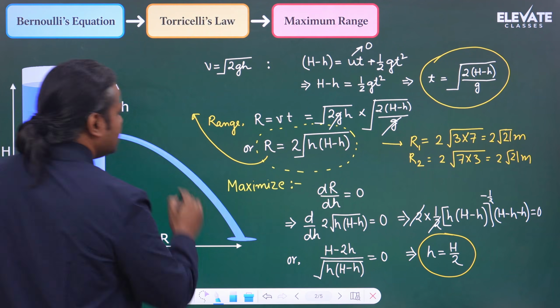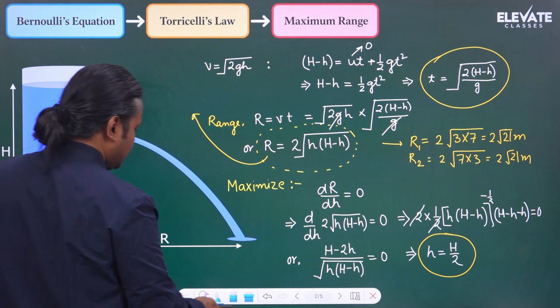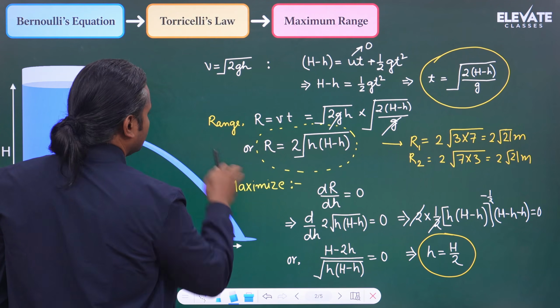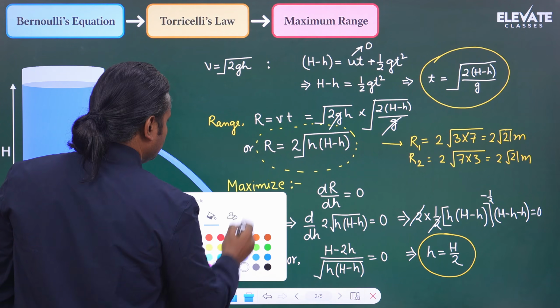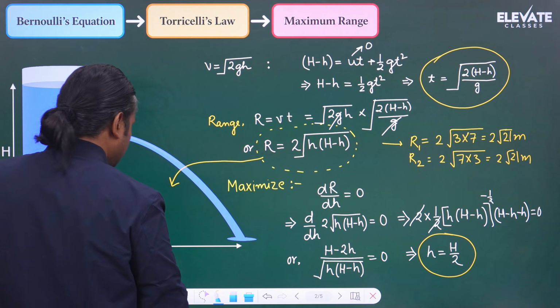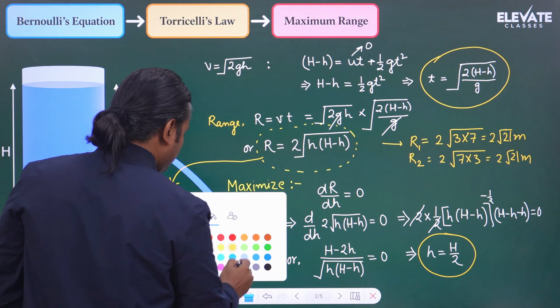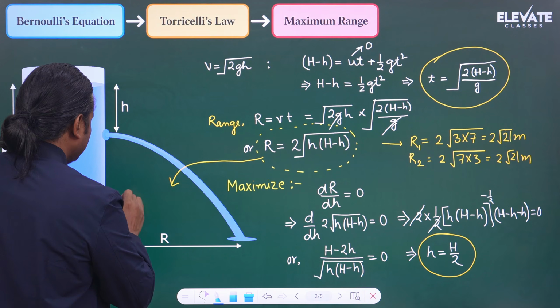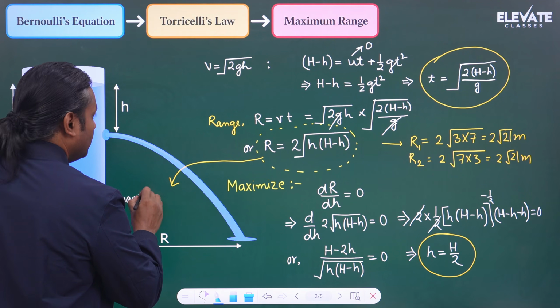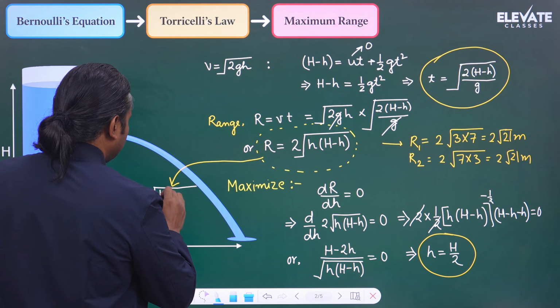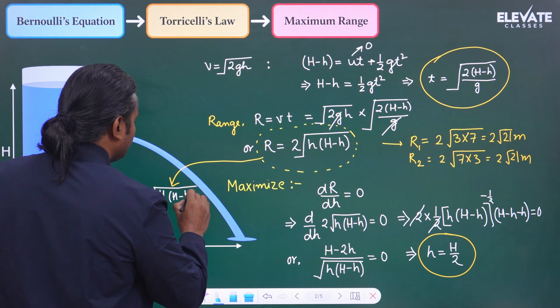So if I plug this in, let me do the calculations here. The maximum range is r max equals 2 times root over capital H by 2 and capital H minus capital H by 2.